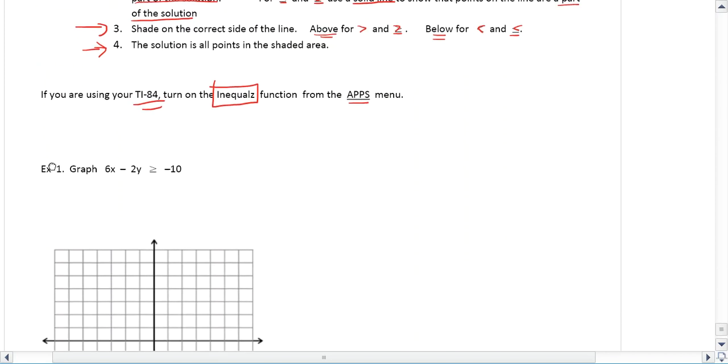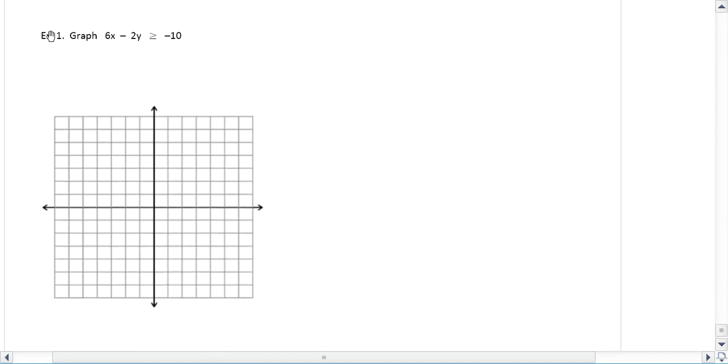So let's look at our first example here. We're asked to graph 6x minus 2y is greater than or equal to negative 10. So step 1, we need to solve for y. We're going to start by subtracting 6x from both sides.